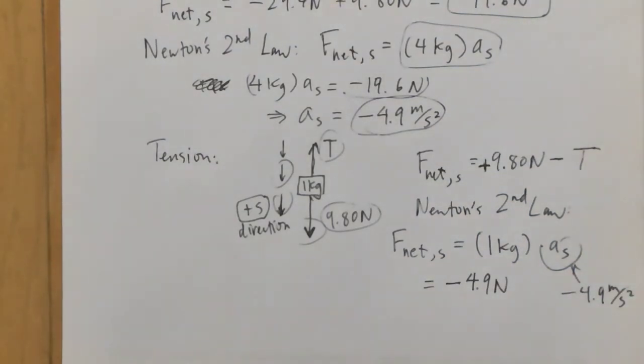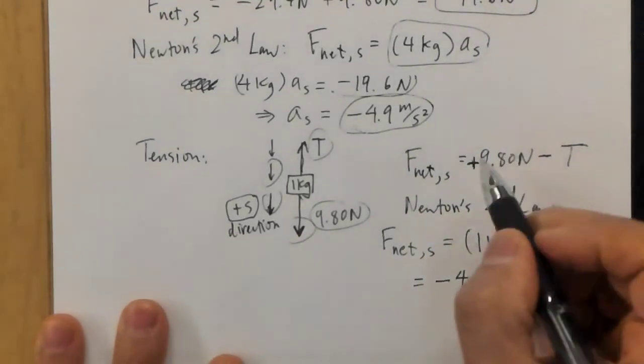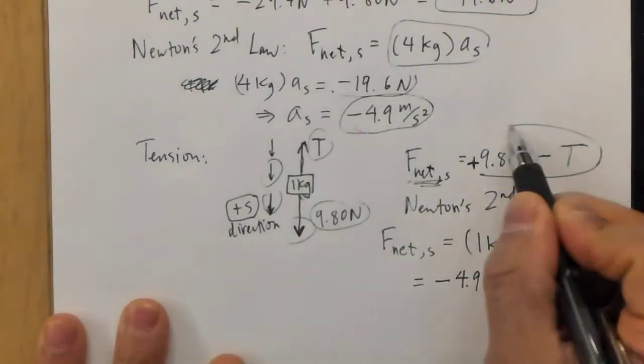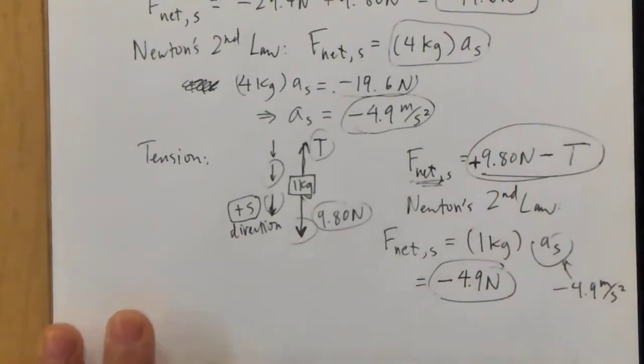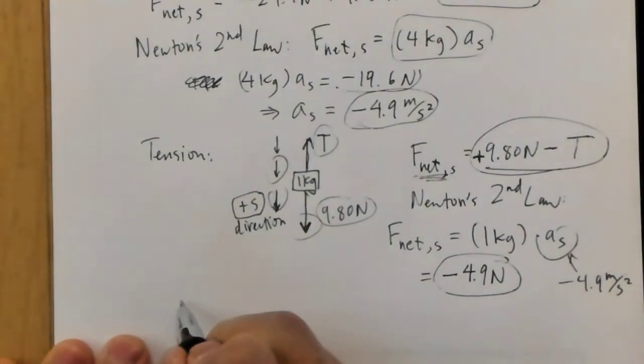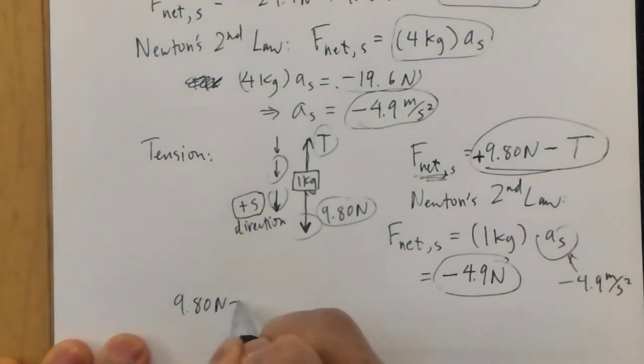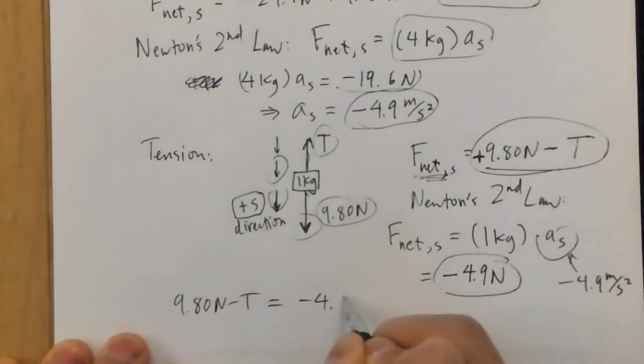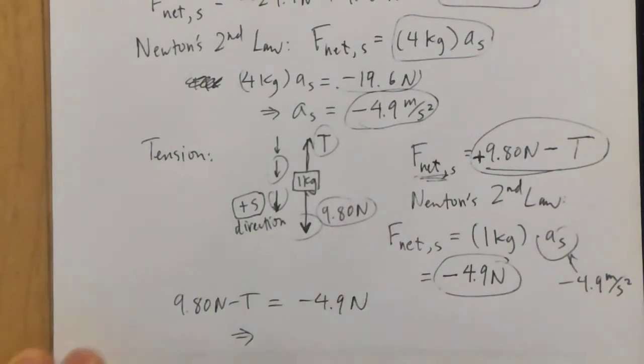All right, now I have two expressions for the net force in the s direction. I have 9.8 minus t, and I have 4.9 with a negative sign. So they must be equal to each other. 9.8 newtons minus t is equal to negative 4.9 newtons. Is everybody with me so far?